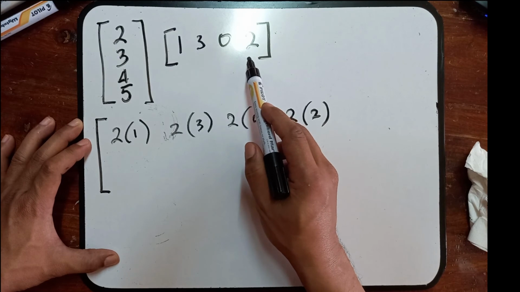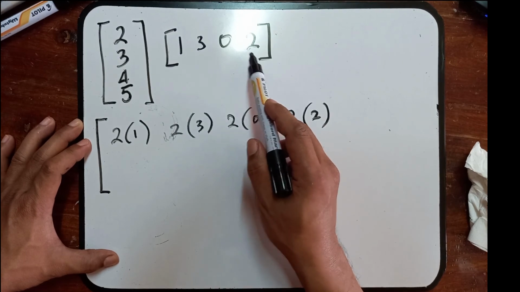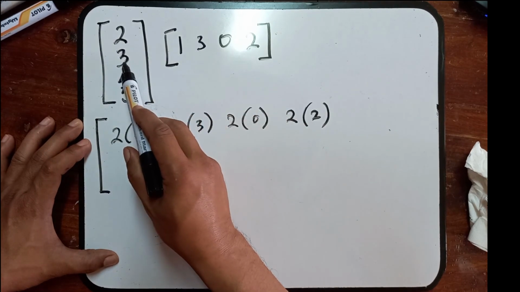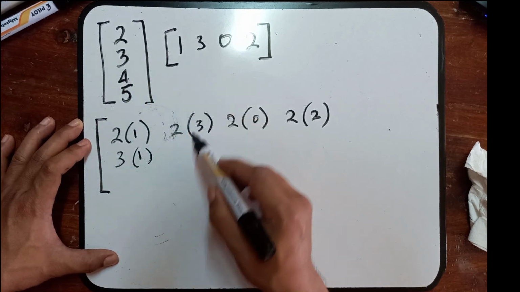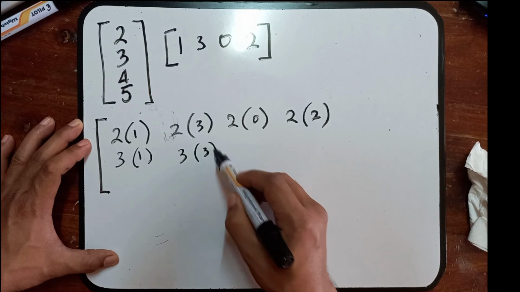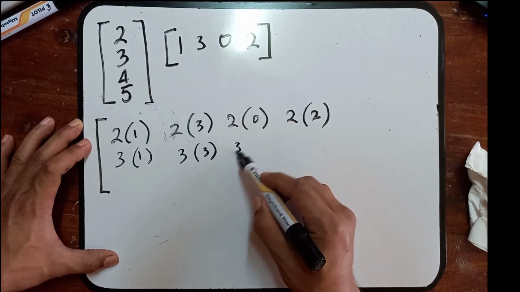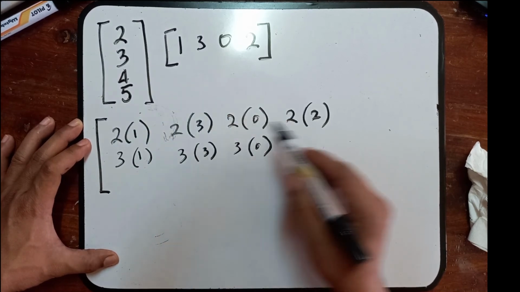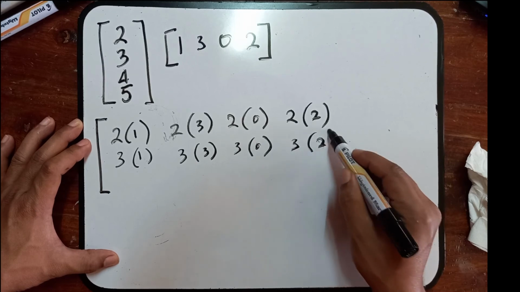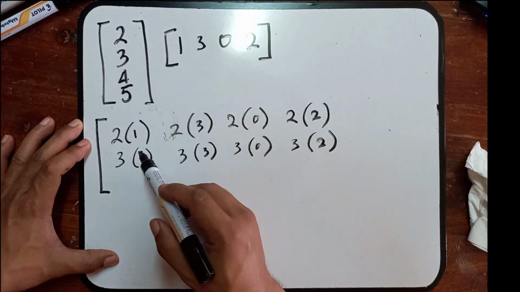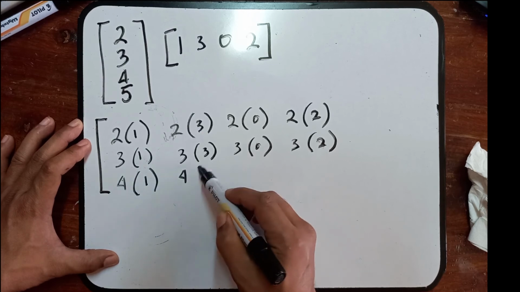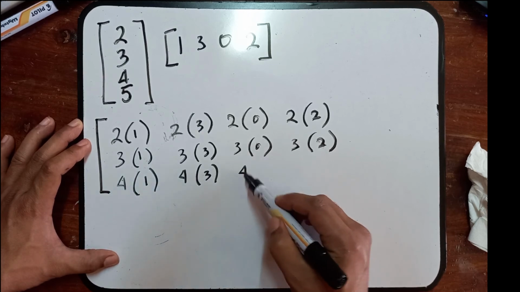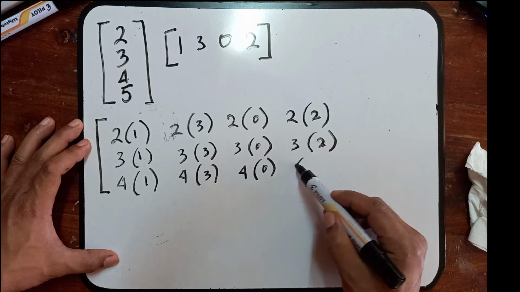So we have already reached the last column, so let's move to the next row. 3 times 1, 3 times 3, 3 times 0, and then 3 times 2. Okay, let's move downward. 4 times 1, 4 times 3, 4 times 0, and then 4 times 2.